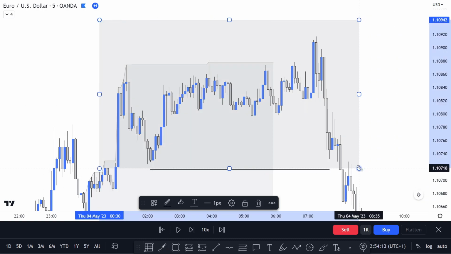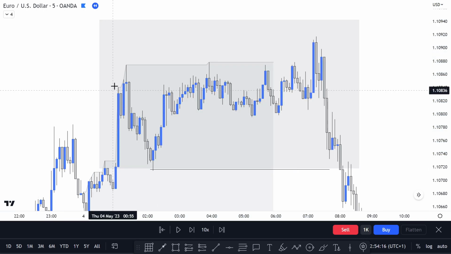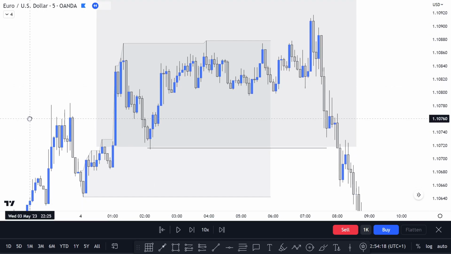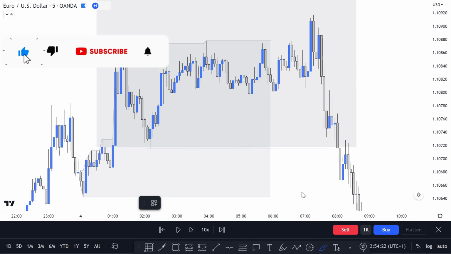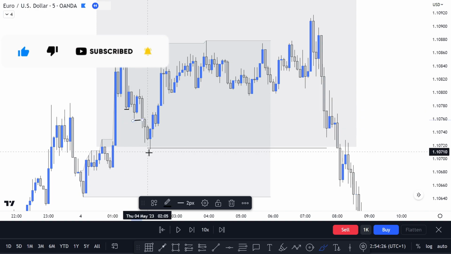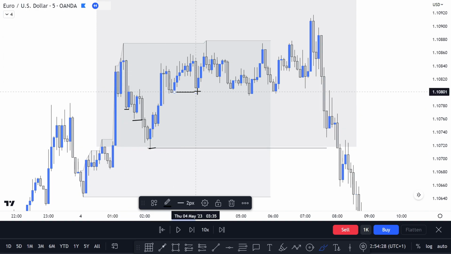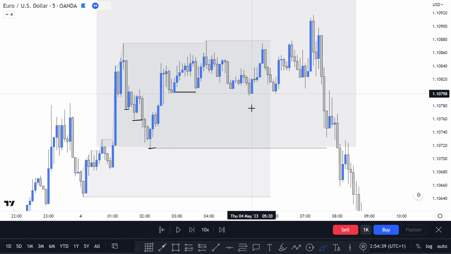Where, if I may ask, is our change of character? I know some of you will say it will be here, some will say here, some will say here. Just let me know in the comment section where you think the change of character will be. But don't worry, I will show you a very simple way to identify change of character.